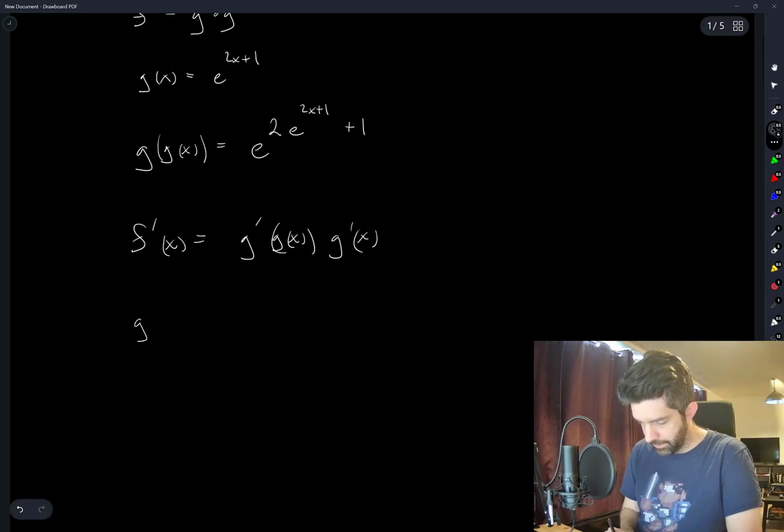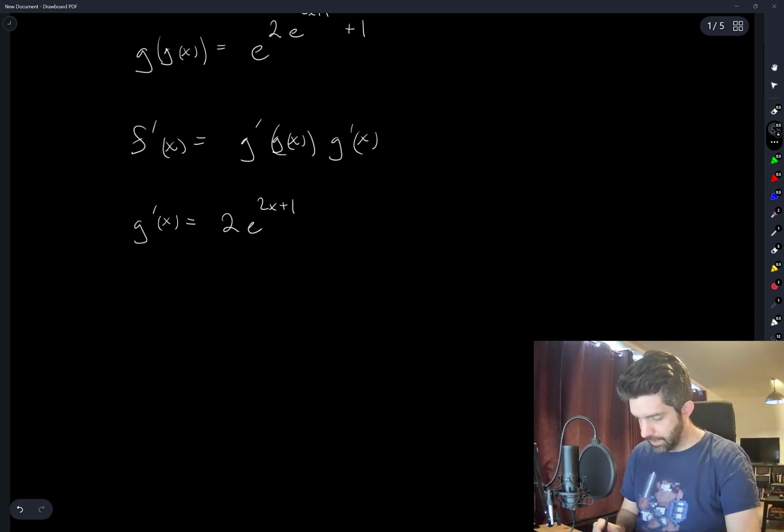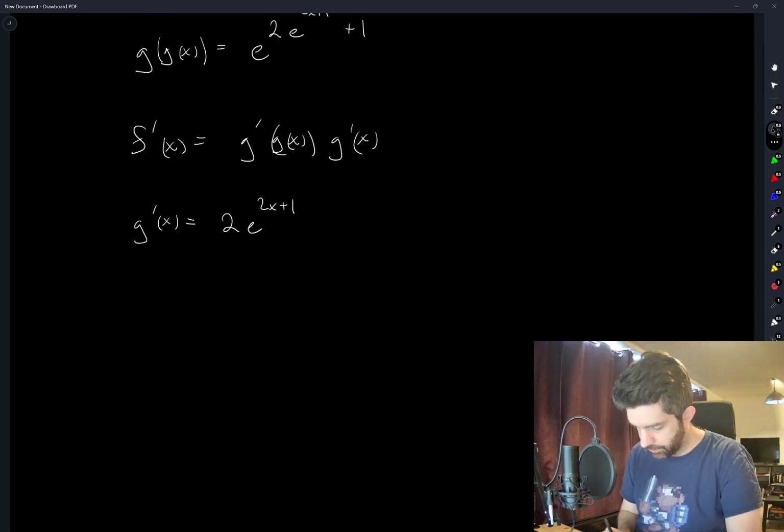And what's g prime of x? This is equal to 2 e to the 2x plus 1. Okay, so I need to compute g prime of g of x.